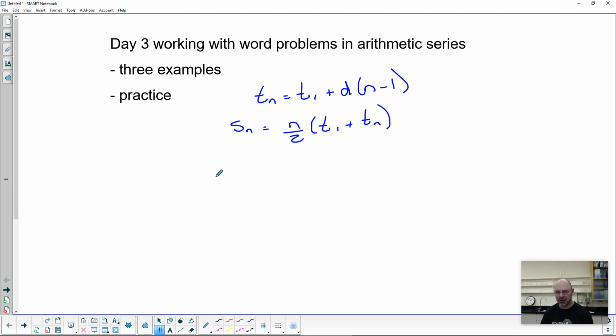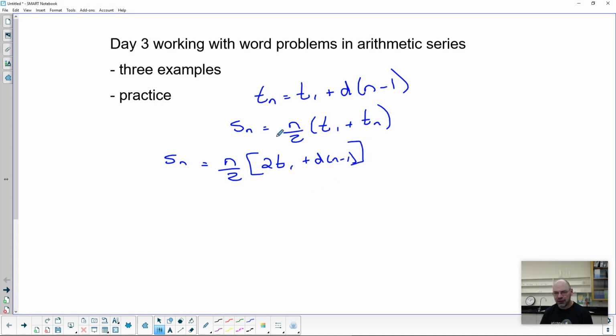And then we have the expanded sum formula, where if we sub this one into here, we get n over 2 times 2 T1s plus D times n minus 1.